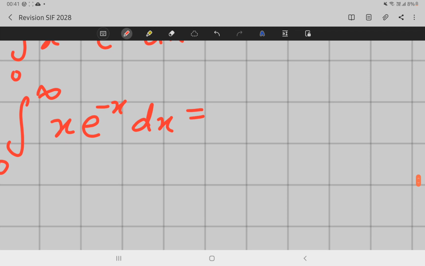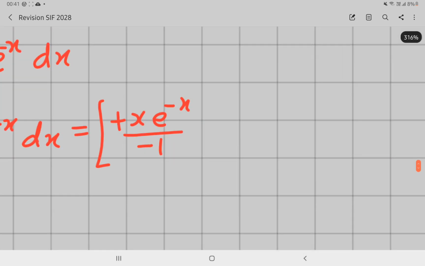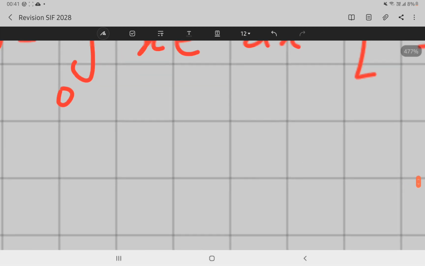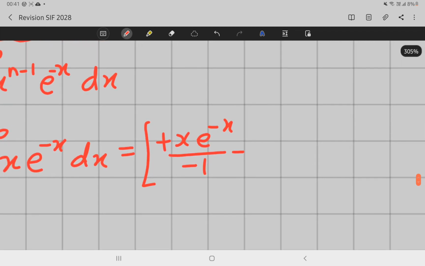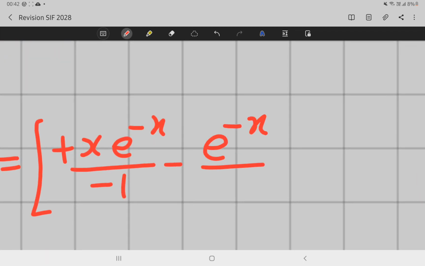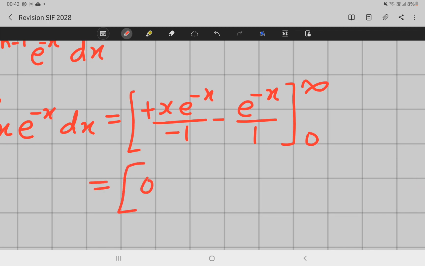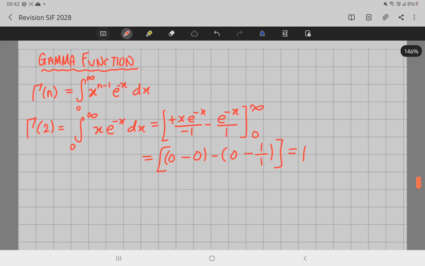This is integration by parts again. Evaluating from 0 to infinity, that one is 0 minus 0, minus 1 over 1, which is 1. So gamma of 2 is 1.